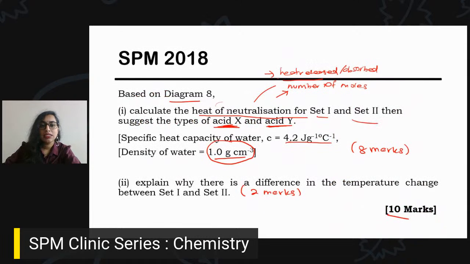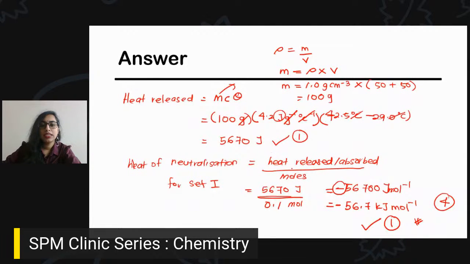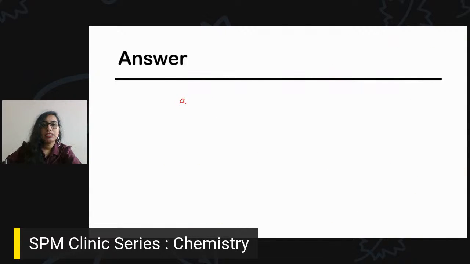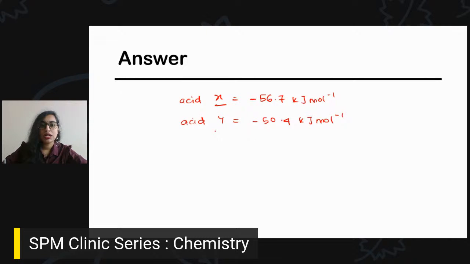For acid X, the heat of neutralization is negative 56.7 kilojoule per mole, and for acid Y it is negative 50.4 kilojoule per mole. Alright, so now we are going to indicate what is the type of acid X and what is the type of acid Y, and what example it could be.